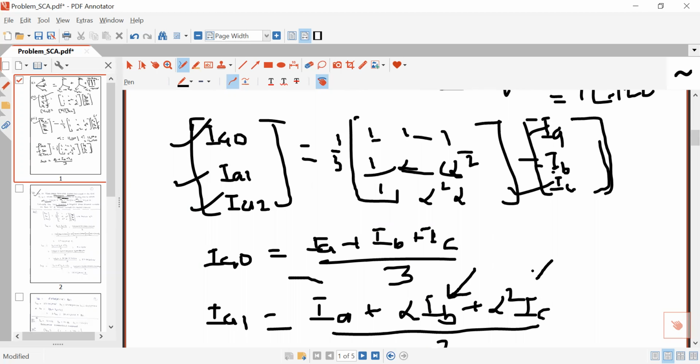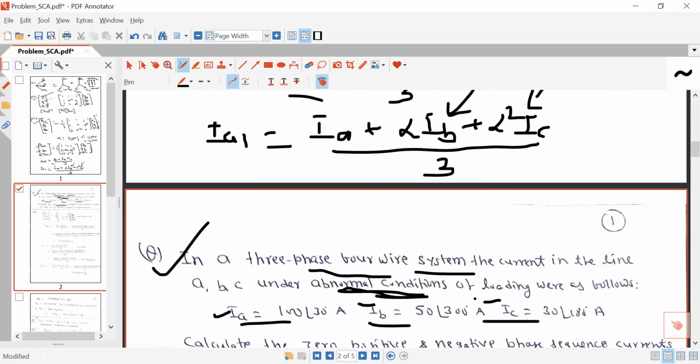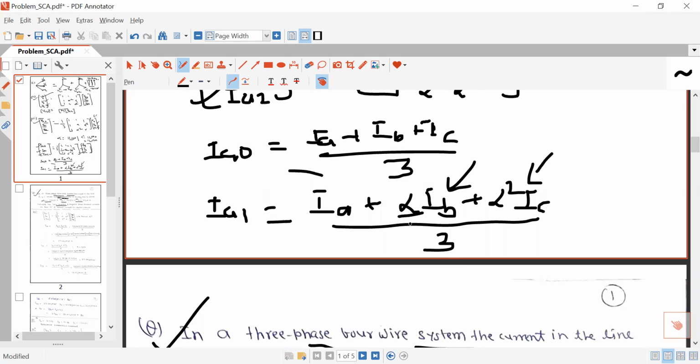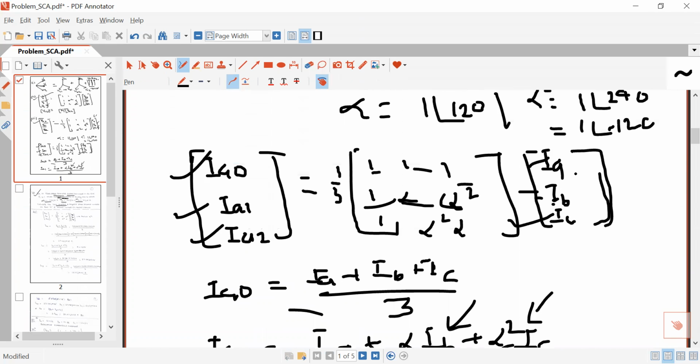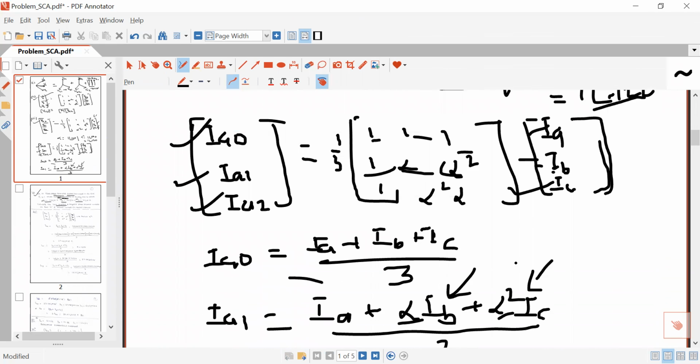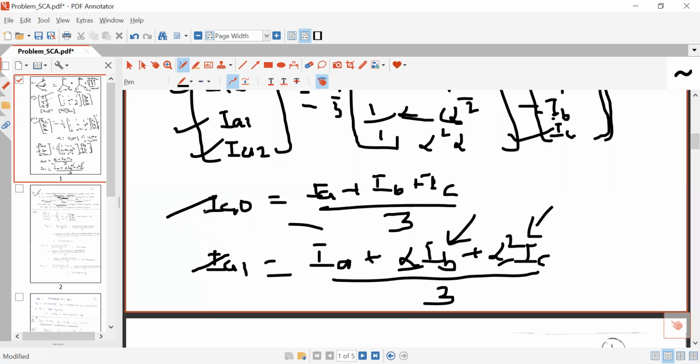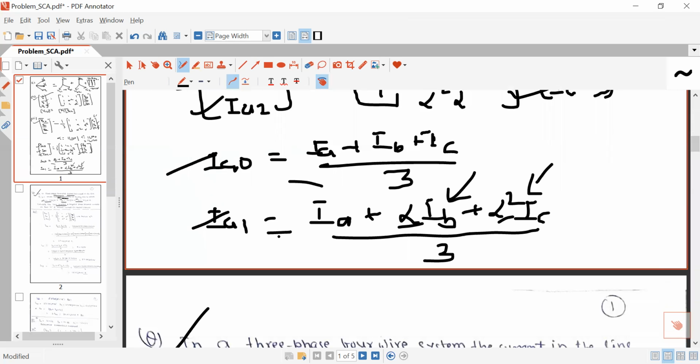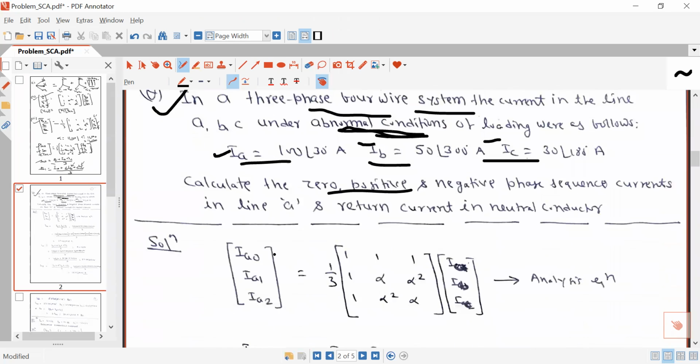IA, IB and IC are already given. When you substitute the values of IA, IB, IC given in the problem, and alpha equal to 1 angle 120 and alpha square equal to 1 angle 240 or 1 angle minus 120, you will get the value of IA1, IA0. And similarly, you can get the value of IA2. So this problem is solved here.